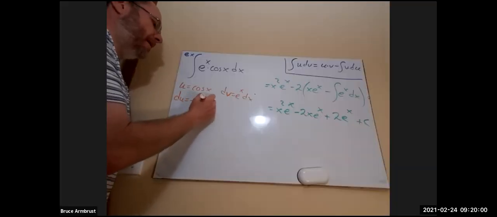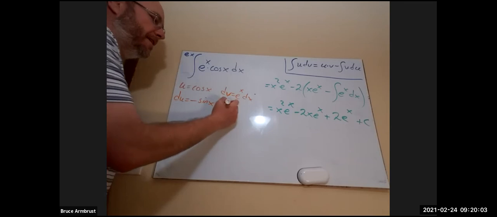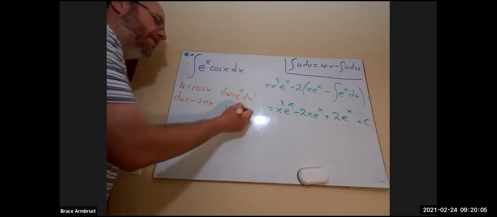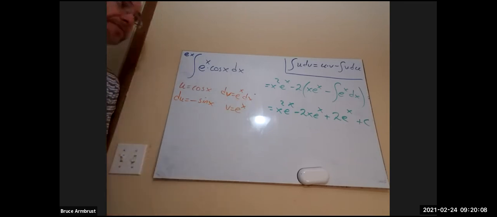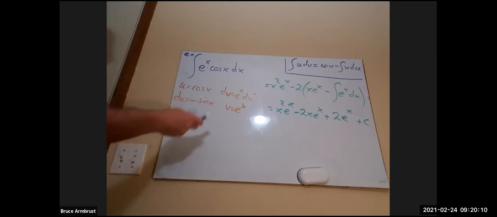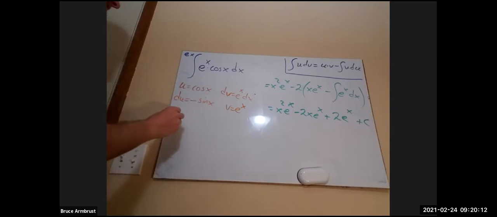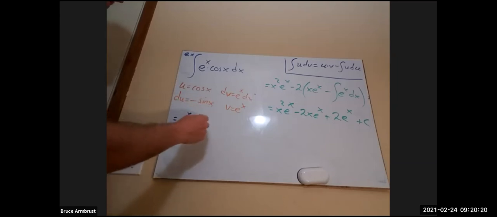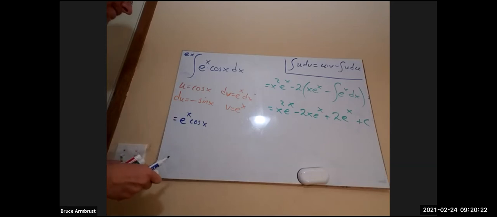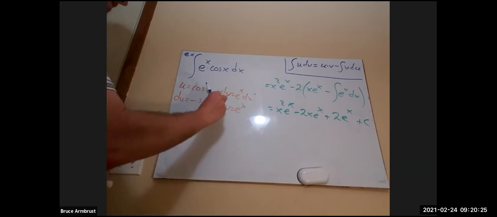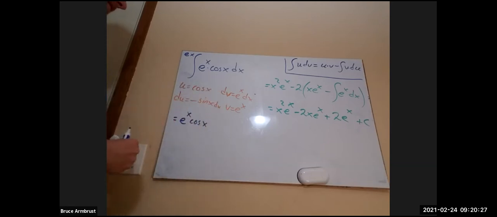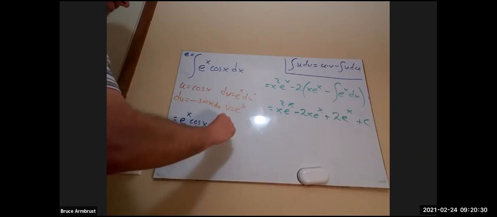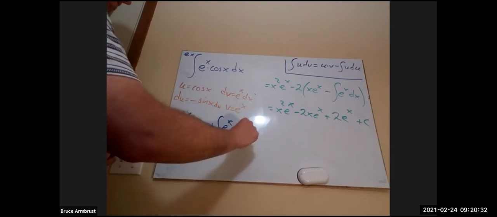So du, the derivative of cosine, is minus sine, and v, the integral of e to the x, is e to the x. By integration by parts, that gives us u times v, so e to the x cosine of x, minus the integral of v du. That's going to be a minus, so it'll be plus the integral of e to the x sine of x.